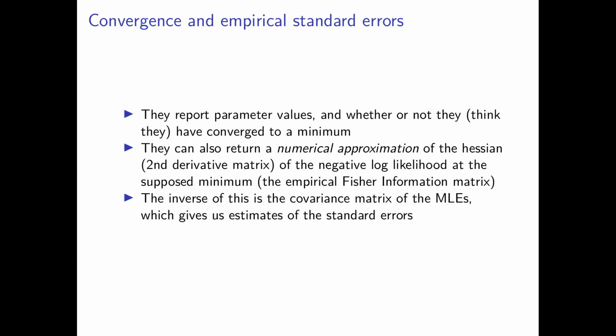That matrix is called the empirical Fisher information matrix. And it's special because the inverse of that matrix is the covariance matrix of the maximum likelihood estimates, which gives us the estimates of the standard errors that we can use to create confidence intervals.